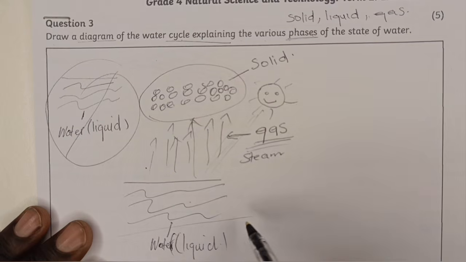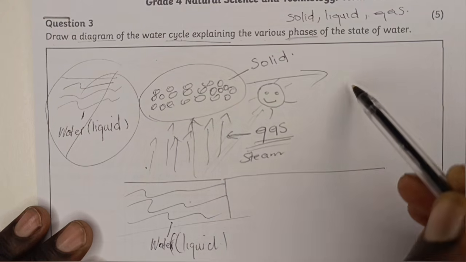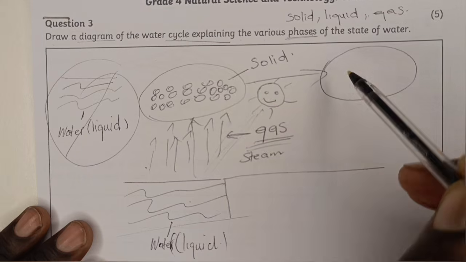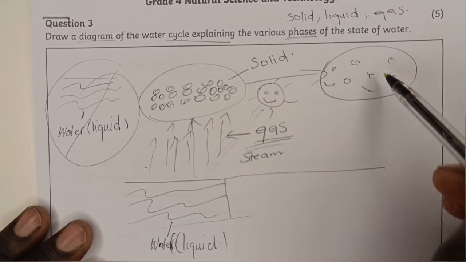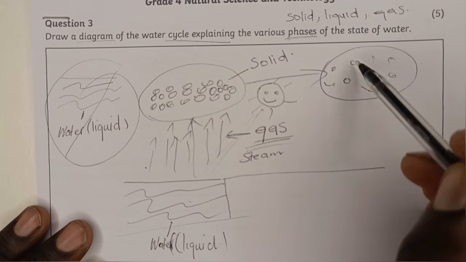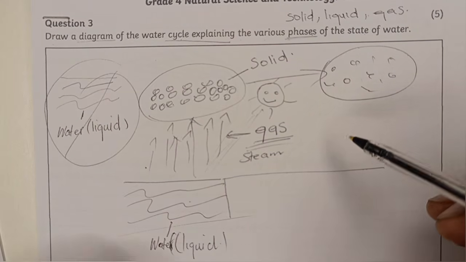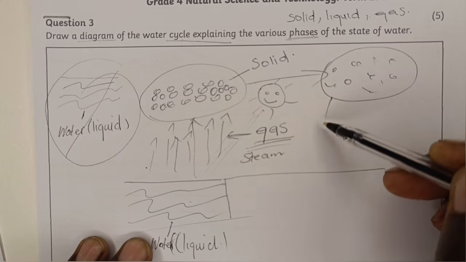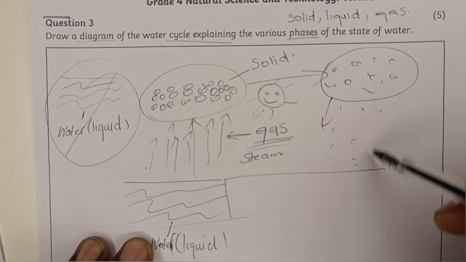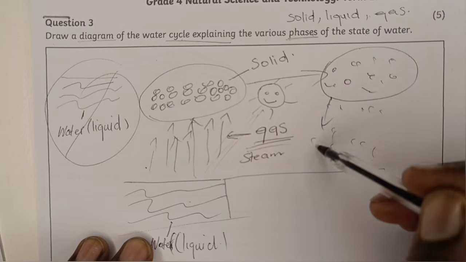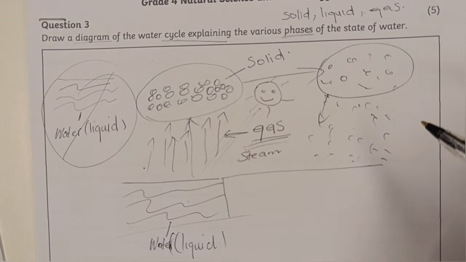So when these clouds move, this is the same cloud that has got solids in it. Then when this water melts, they come down in a form of rain.